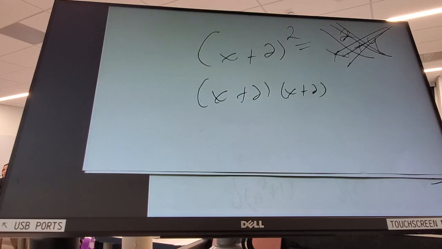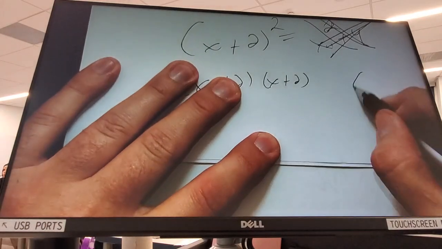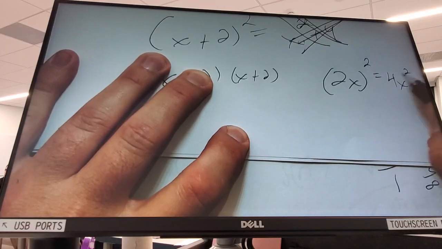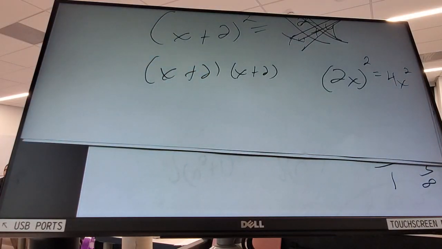They will play well with multiplication. What is 2x, 2 times x squared? Look at that. It's playing so nicely together because the operation inside is the one that it is based on, yes? If the operation inside is not the thing it's based on, it's not going to play well. It's not going to be easy.